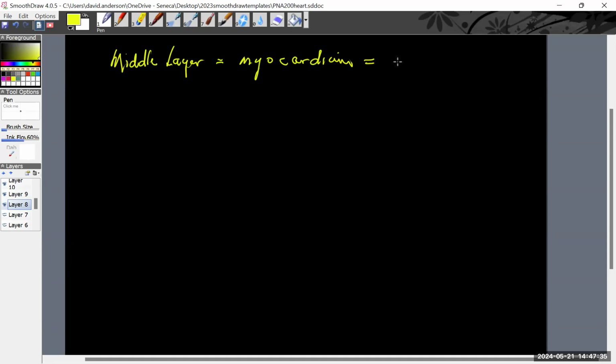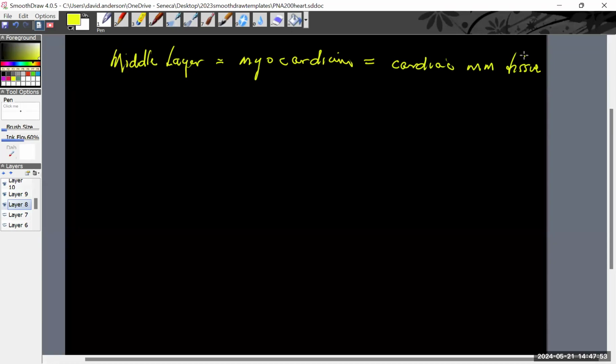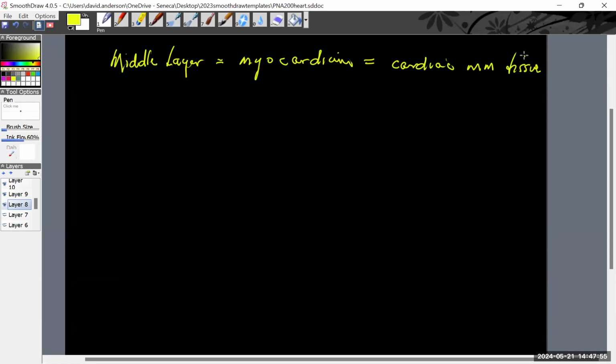In this particular case, we're talking about cardiac muscle cells or tissue in the case of the layer. And when you took AMP 100 and you talked about muscular tissue, you should have had a discussion about skeletal muscle characteristics, cardiac muscle characteristics, and smooth muscle characteristics.